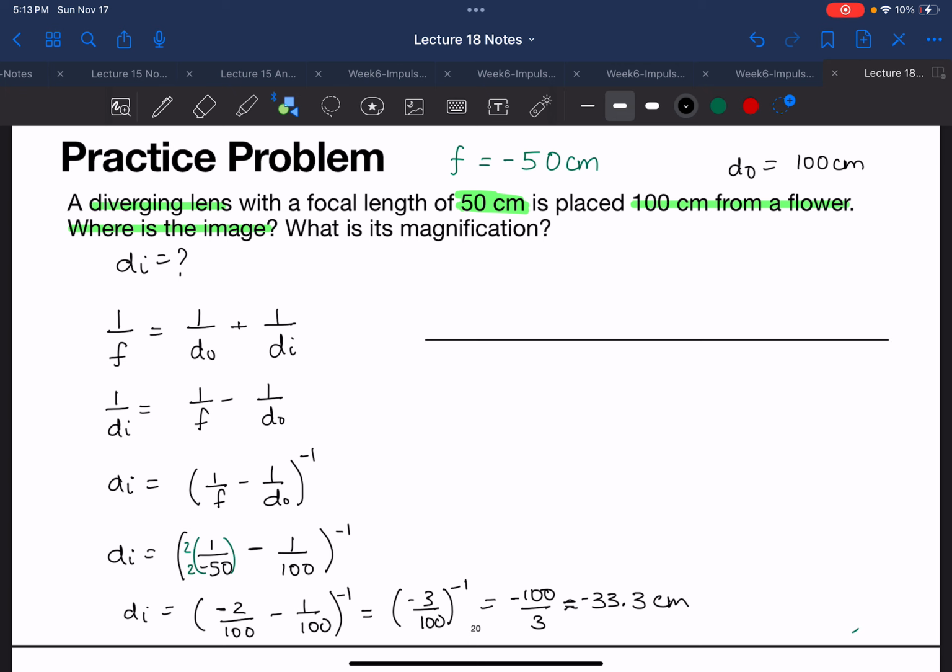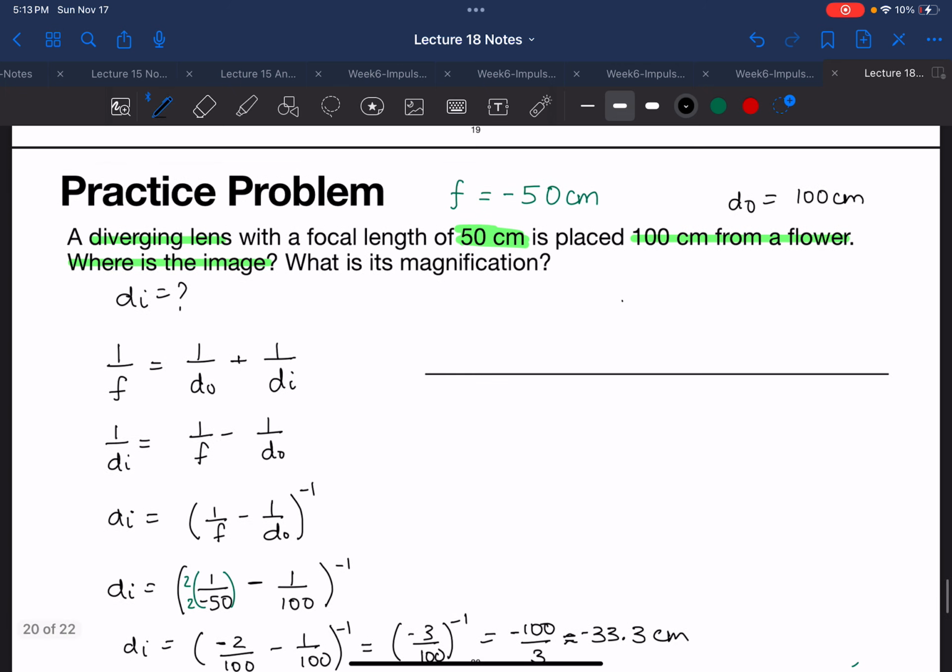So let's draw a ray diagram. We have a diverging lens, so let's go ahead and draw a diverging lens. All right. And then we have a focal length of 50 centimeters.